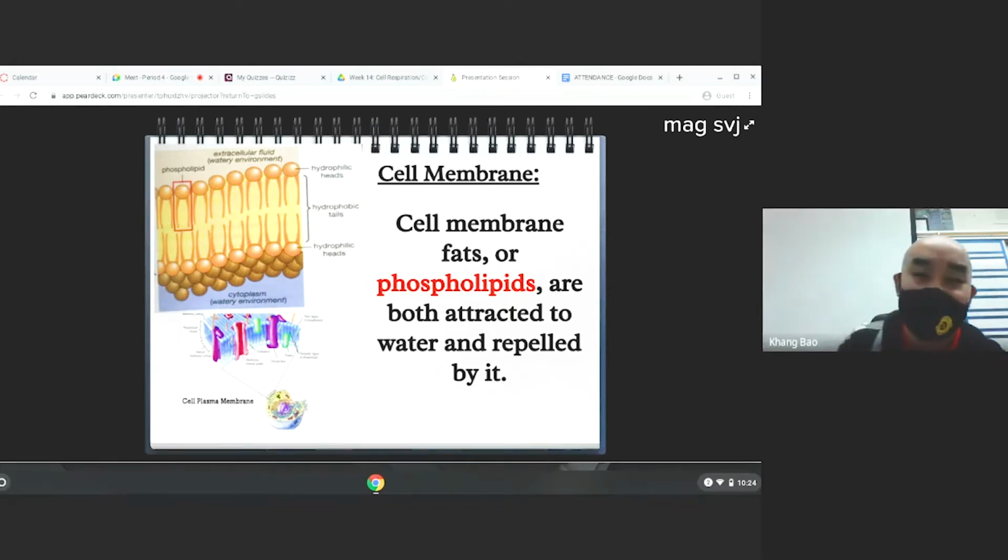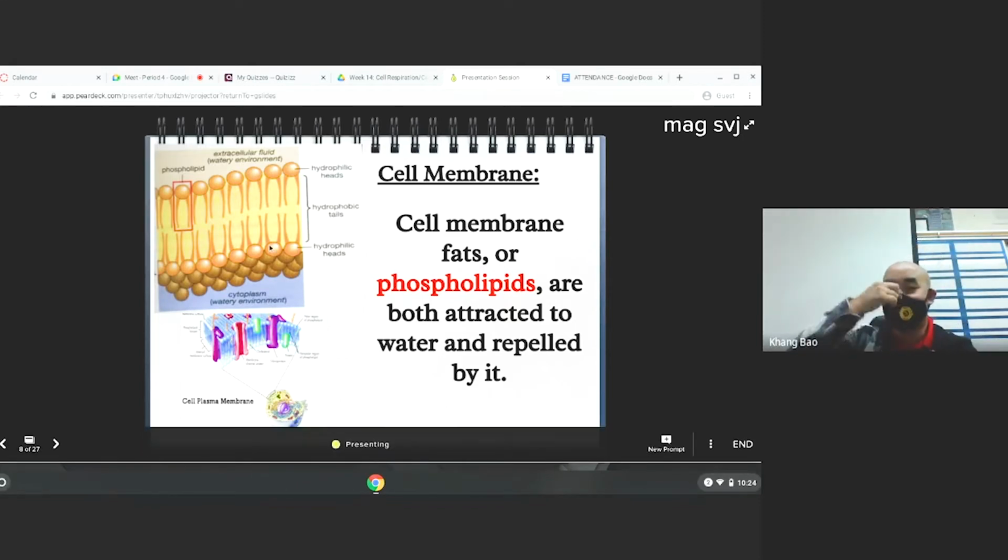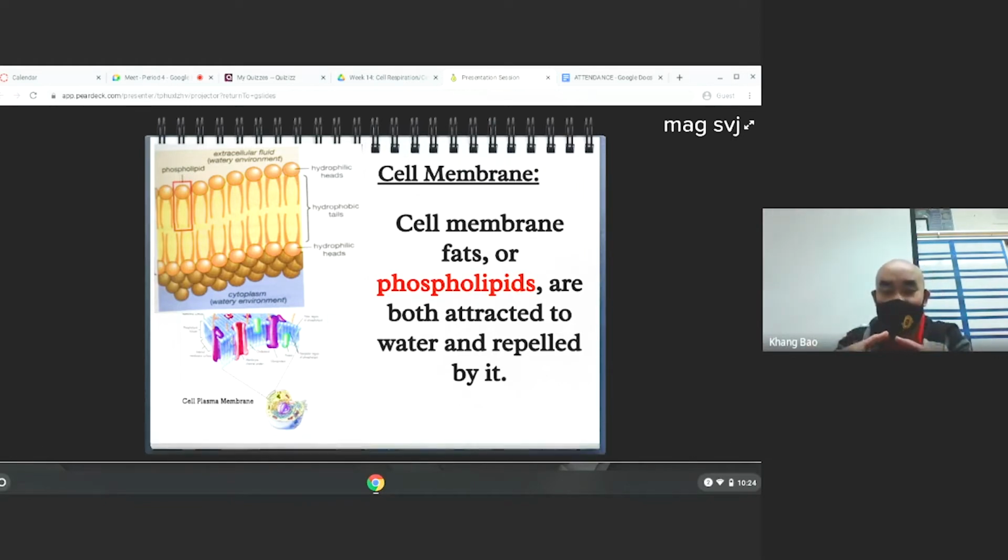So that's why when you put fat, any oil droplets, into water, it always comes together into this surrounding membrane, right? If you ever remember, if you put any type of fat, oil, wax, whatever, into water, they all come together in a round membrane.